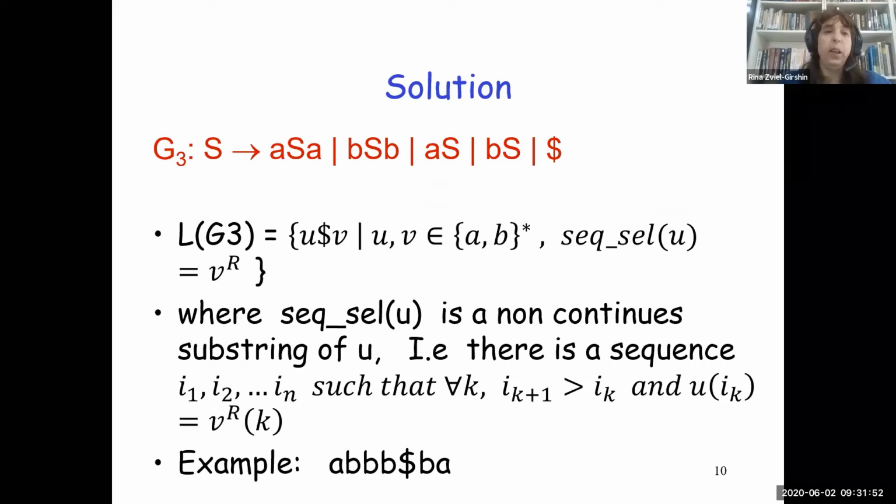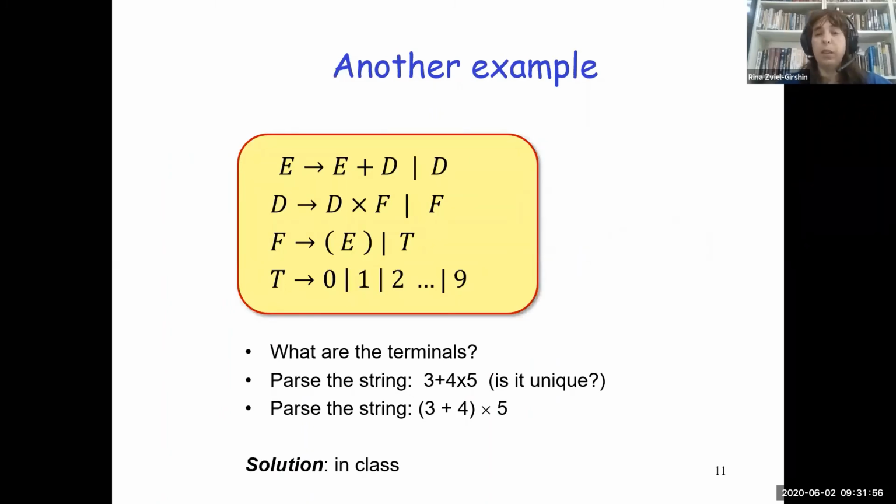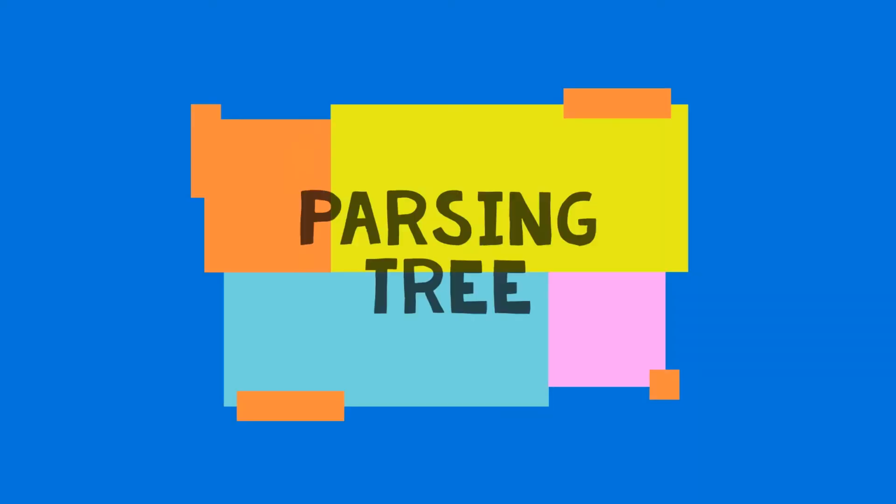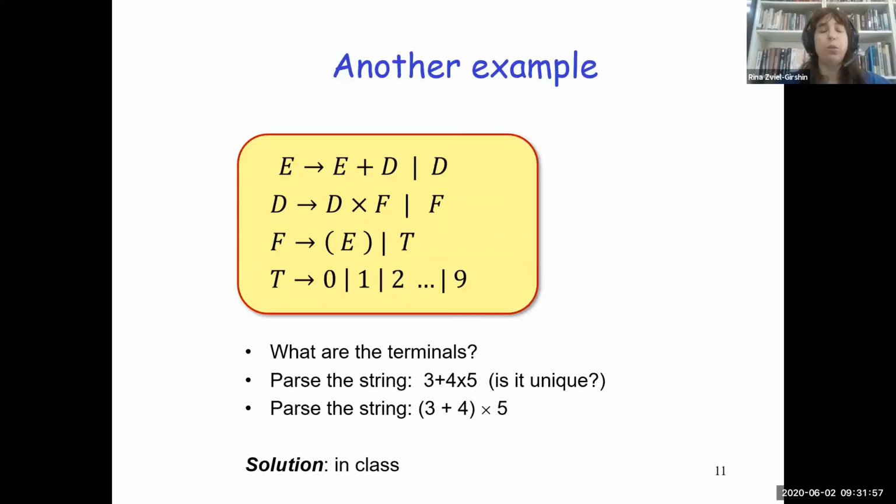Okay, if we don't have any questions, we move to the last part of what we should do today. We are given some language that deals with arithmetics. We have the starting variable, which is called E and not S, and it is okay.